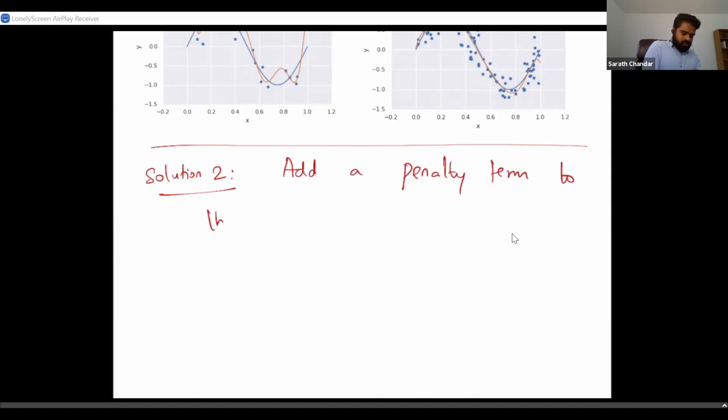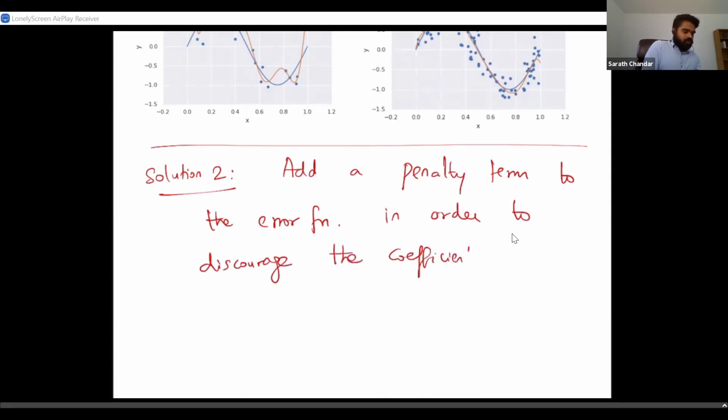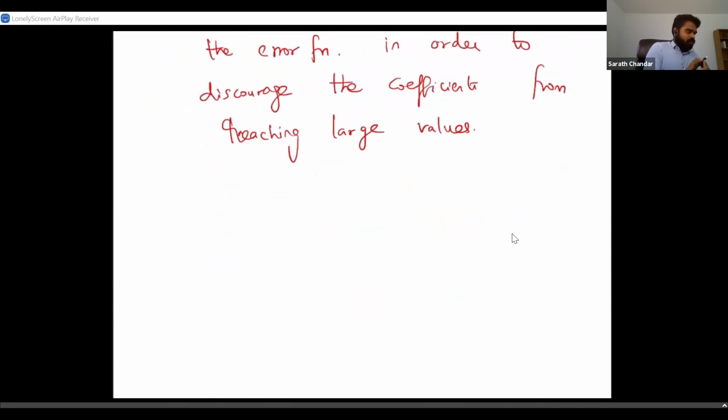So the second solution is to add a penalty term to the error function in order to discourage the coefficients from reaching large values. Here is one example of how to do that.